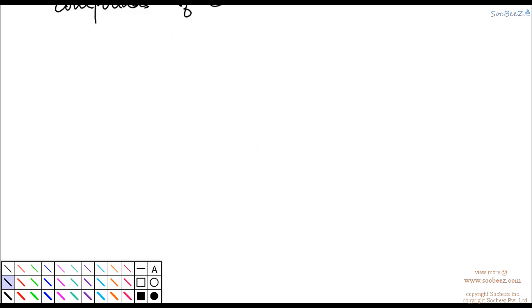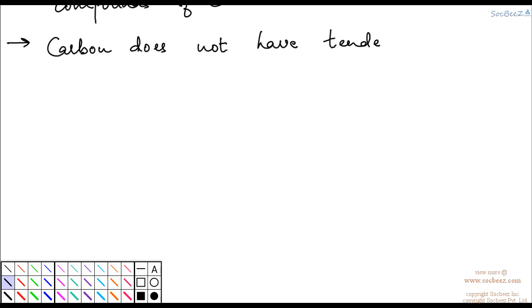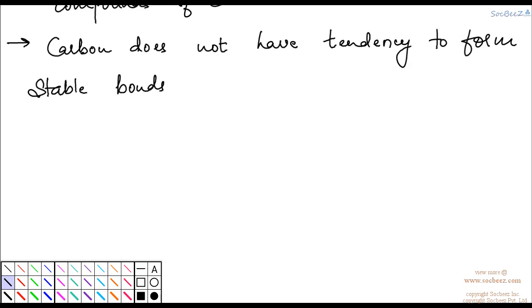Now you might be wondering why carbon does not form bonds with the other elements, why only small elements. The reason is that carbon does not have the tendency to form stable bonds with heavier elements.